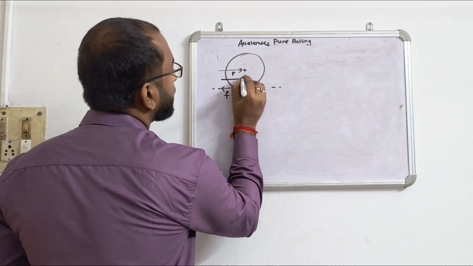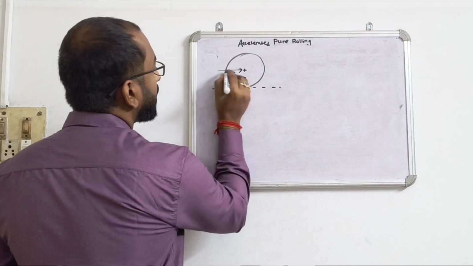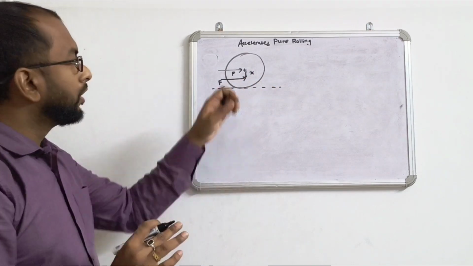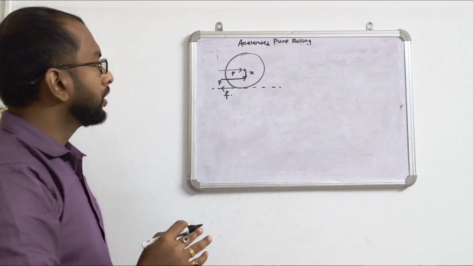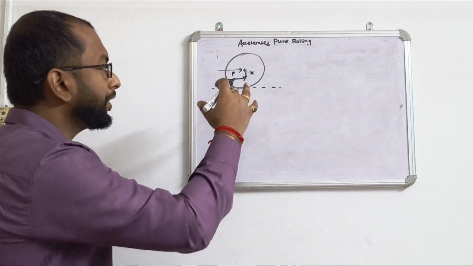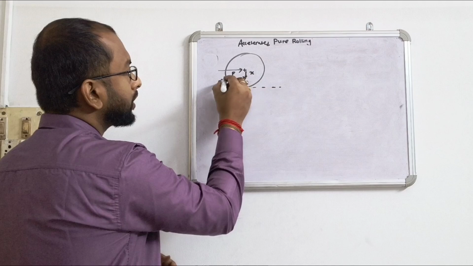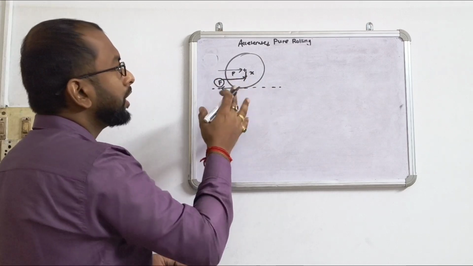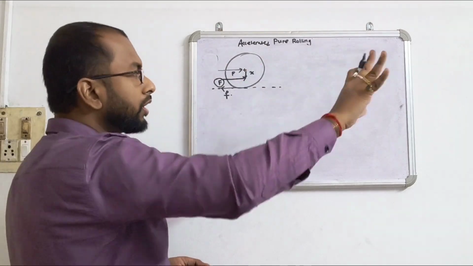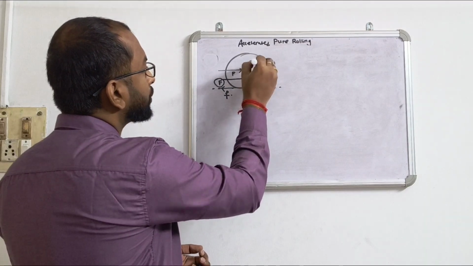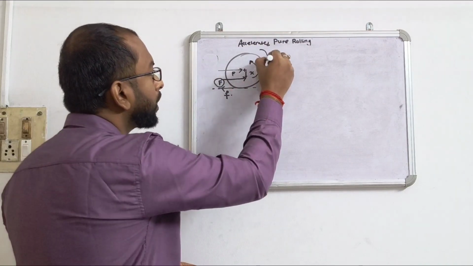If we apply F force, let's say, at some distance down from the center, of course that time also friction will act in the backward direction. Because this capital F, the external force, will of course give acceleration in the forward direction, but it is providing an anti-clockwise torque, while the body needs to rotate in the clockwise direction.